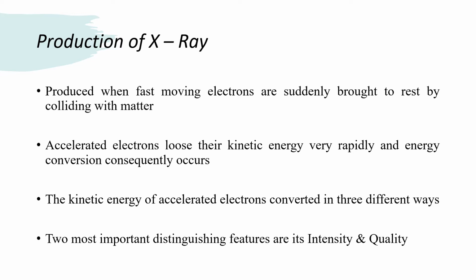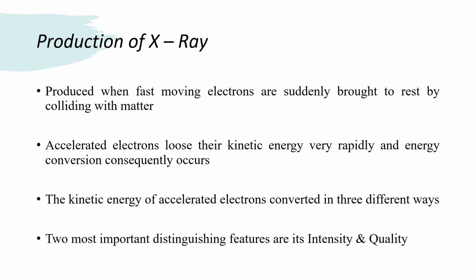The accelerated electrons therefore lose their kinetic energy very rapidly at the surface of the metal plate, and energy conversion consequently occurs. The kinetic energy of the accelerated electrons can be converted in different ways.